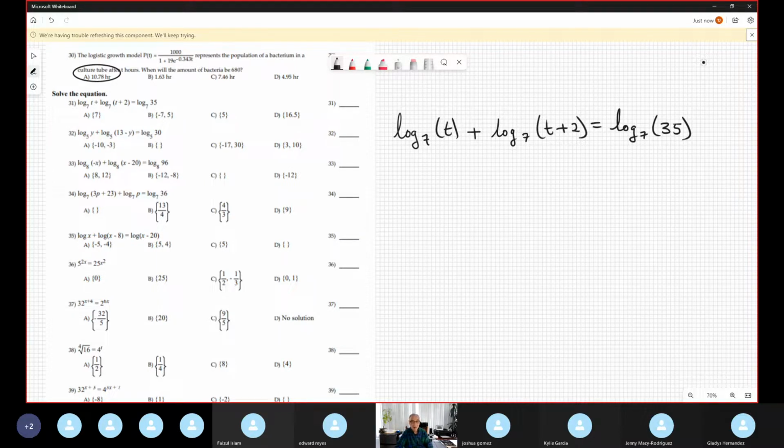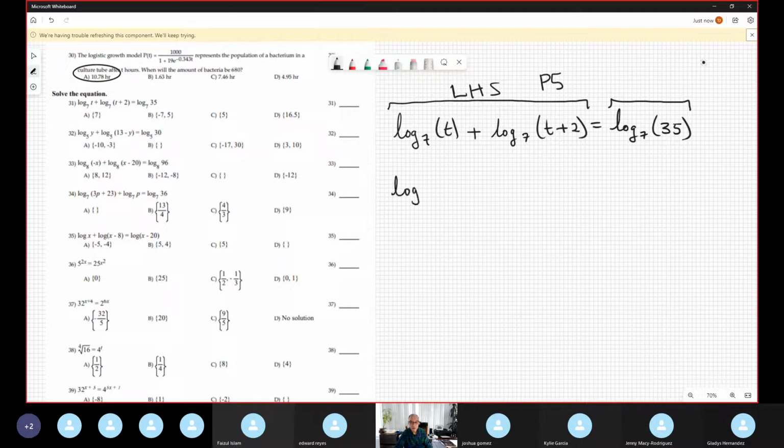Okay, so yes, because always you condense. When you have logarithms in the right hand side and in the left hand side, it's not necessary to move everything to one side. You condense here in the left hand side these two logarithms into only one, using property number 5 because of the plus.